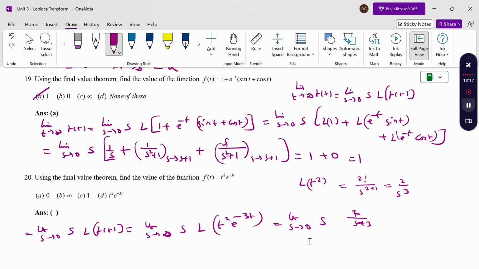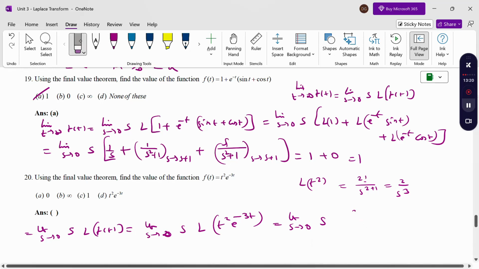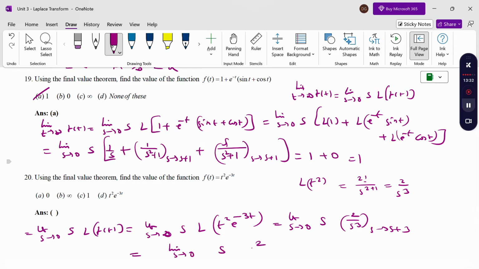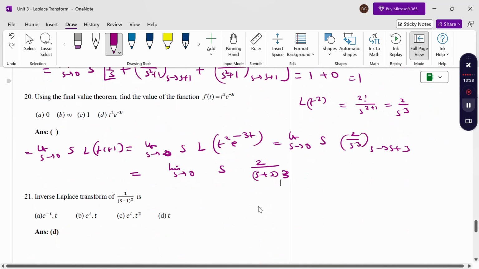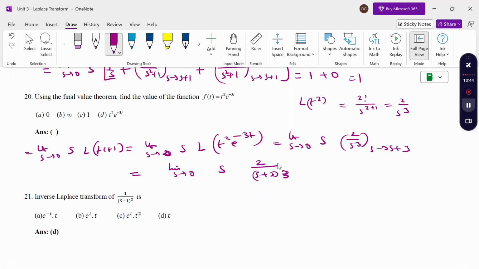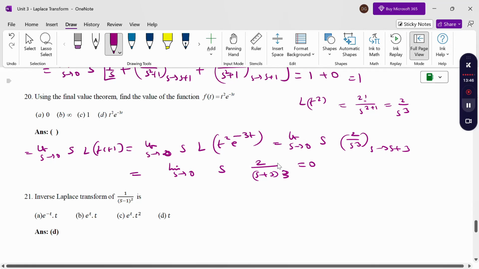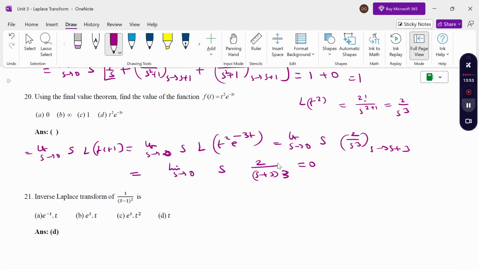So 2 by s plus 3 whole cube. Therefore limit s tends to 0 s into 2 by s plus 3 cube. When I substitute s, the whole term is 0, because when taking s cube out, 3 by s, substituting 0 gives 1 by 0, infinity. Any whole term infinity, so substituting s tends to 0 gives 0, option A.